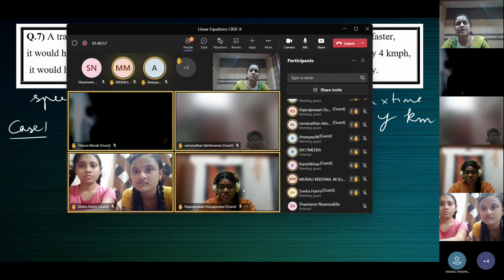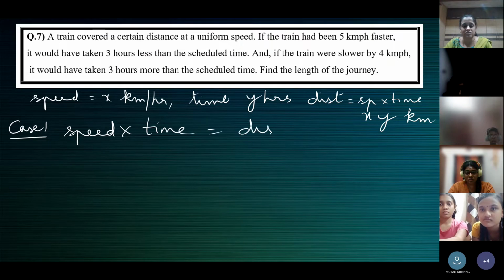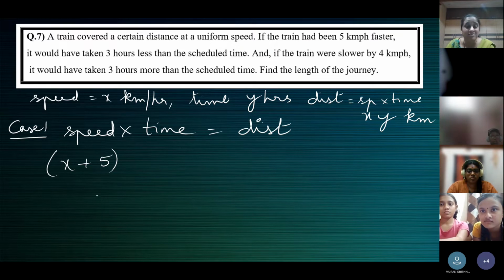So that is the formula we'll be using to construct the equation. That is, the new speed into new time is the same distance. What is the new speed? If the train had been 5 kilometers per hour faster, so x plus 5, correct? It would have taken 3 hours less than the scheduled time. Usual time is y, 3 hours less.